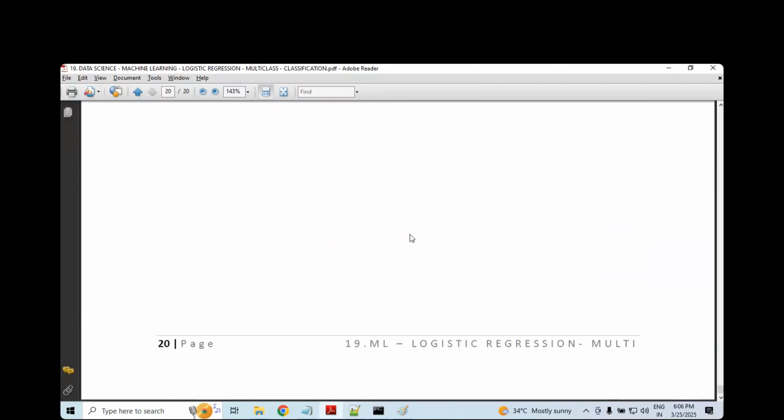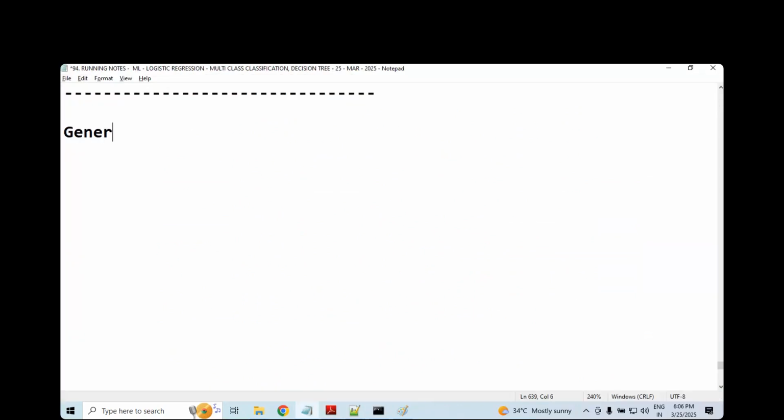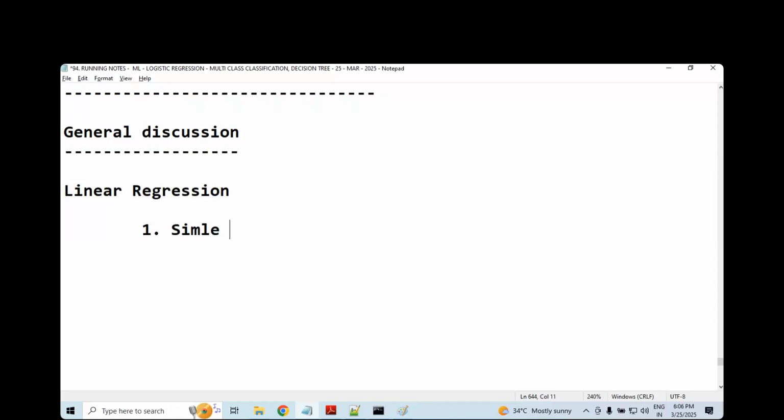Model prediction. Now let us have a general discussion. I'm not sure whether I told this one or not. I was unable to recollect. Can you tell me, when I'm talking about linear regression, what is the first one we have covered? Simple linear regression.